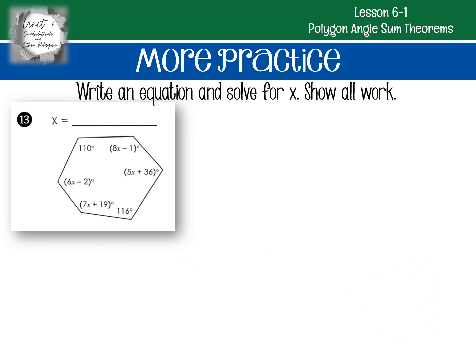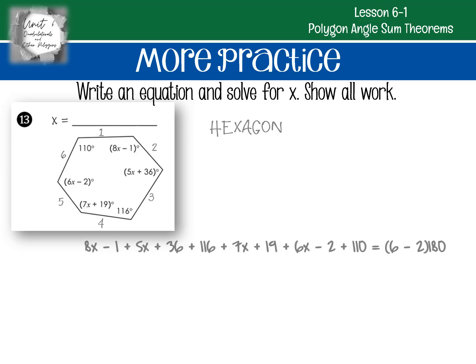More practice, number 13. Write an equation and solve for x. Let's see how many sides we have. 1, 2, 3, 4, 5, 6. Hexagon. So we need to add up all 6 angle measures. A lot of expressions on there. Equals 6 minus 2 times 180. Let's tidy it up by combining like terms.